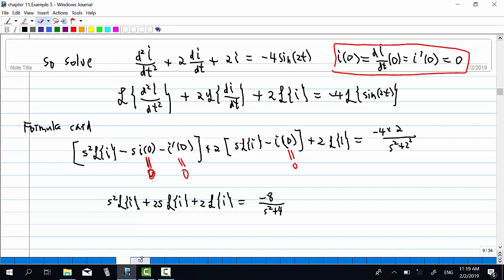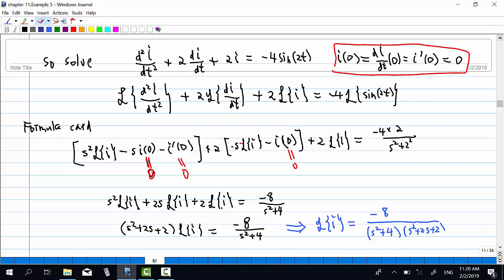And factor out Laplace transform I, then you get (s² plus 2s plus 2) times Laplace transform I equal to minus 8 over s² plus 4. And so Laplace transform I is equal to minus 8 over (s² plus 4) times (s² plus 2s plus 2).